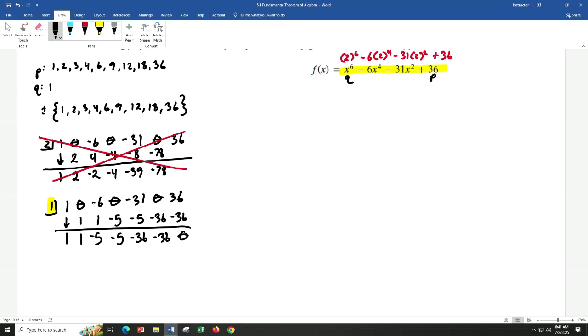So I know a factor right now is going to be x minus 1. And then I rewrite everything. Notice I've got a 1 here, so that's going to give me x to the 5th plus x to the 4th minus 5x cubed minus 5x squared minus 36x and then minus 36.